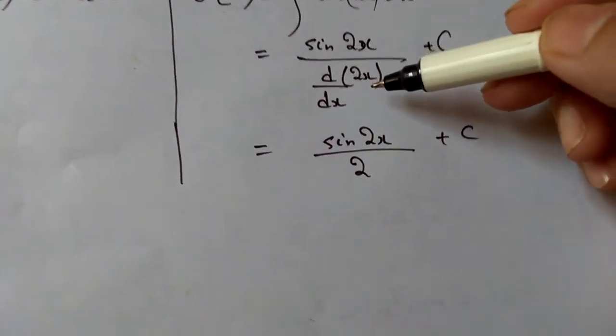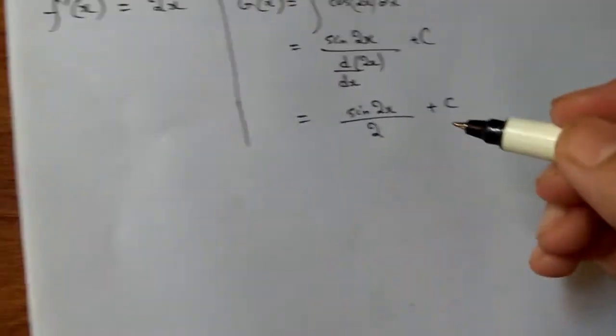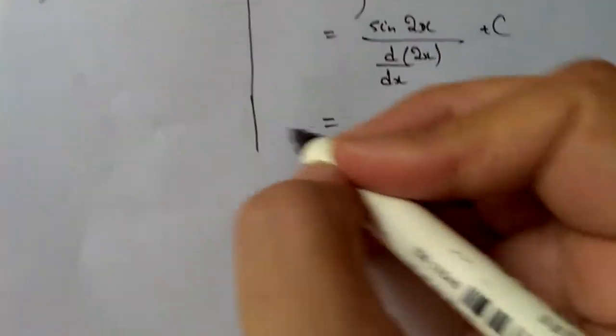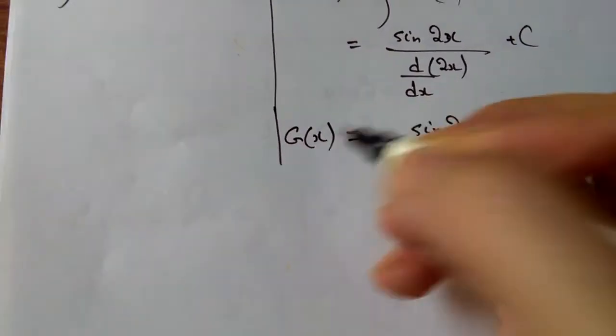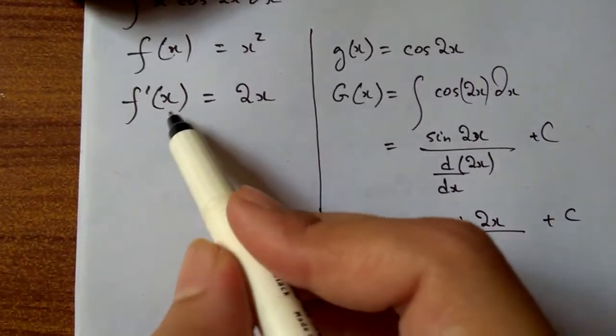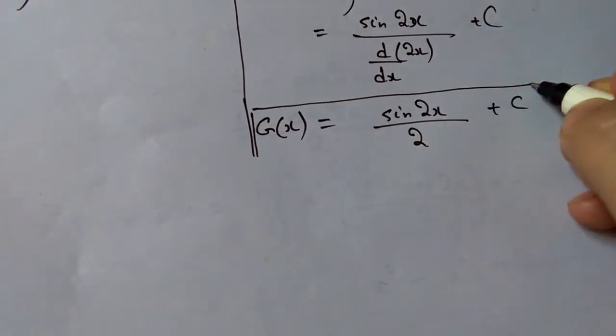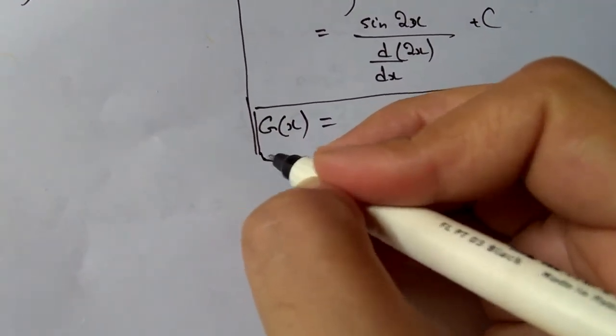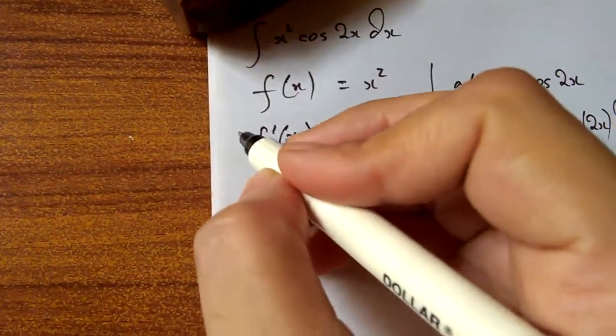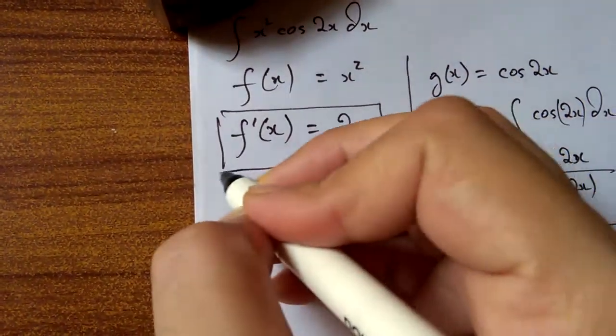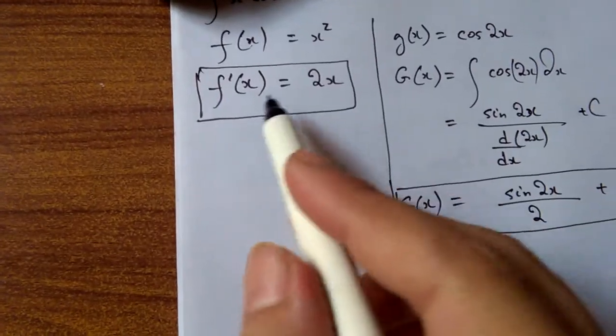That's why I prefer to do this directly. Now you see your g of x is right over here in front of you, and your f dash x is over here. So let us highlight. We have just highlighted these two functions.